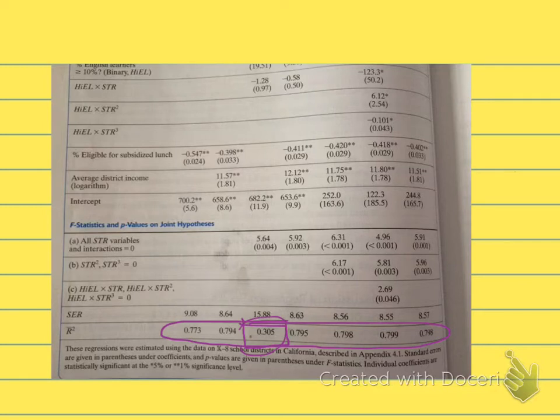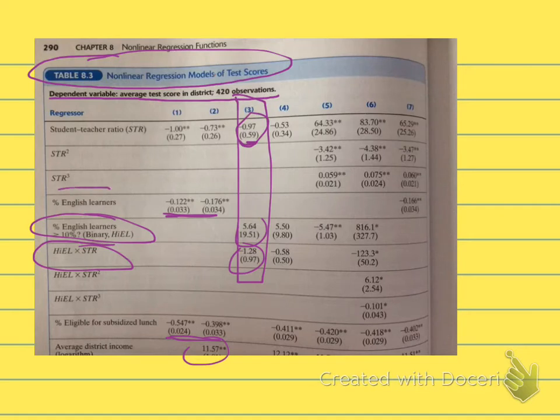It has very little explanatory power because it's not including the main explanatory variables, which are school lunch, average district income, and percent English language learners, except for this dummy of percent English language learners. So we see in that simple regression that maybe student-teacher ratio is explaining a lot of the variation, and all we need to do is interact it with the percent English language learners to explain even more of the variation.